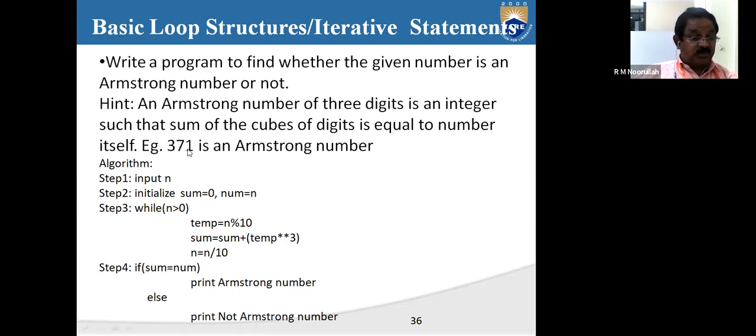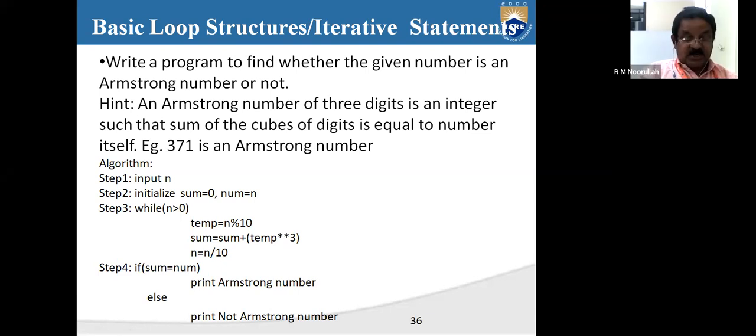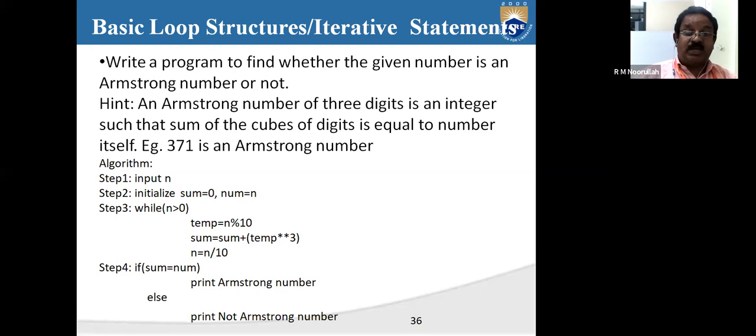Plus 7 cube: 7 7s are 49, 49 into 7 is 343. 343 plus 27 plus 1 cube, 1. What value do you get? 371. Then that particular number is known as an Armstrong number.